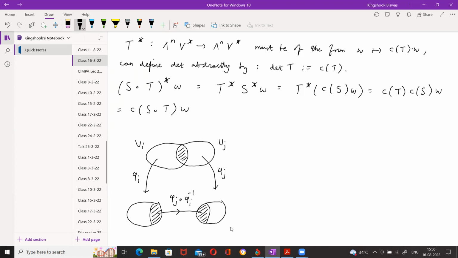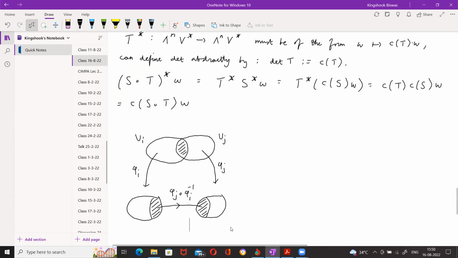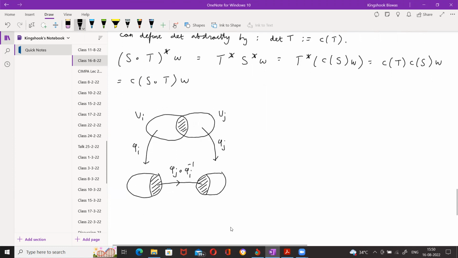This Ui union Uj is a subset of M. Let me call the images Vi, which is phi i of Ui, an open subset in Rn, and Vj, which is phi j of Uj, also an open subset of Rn.